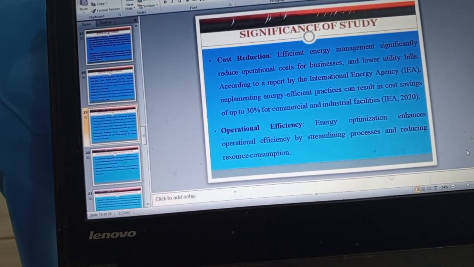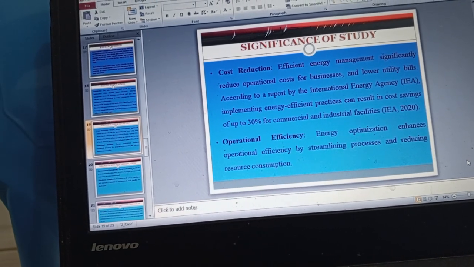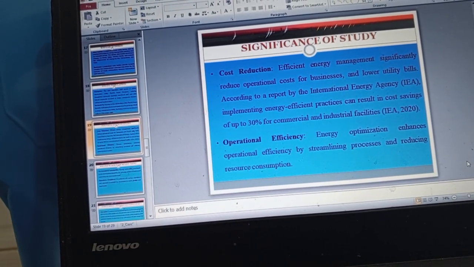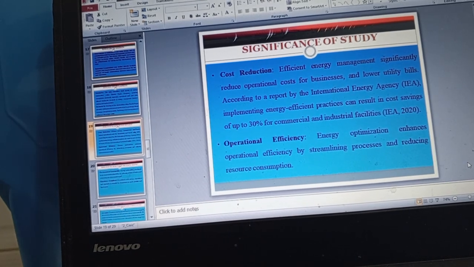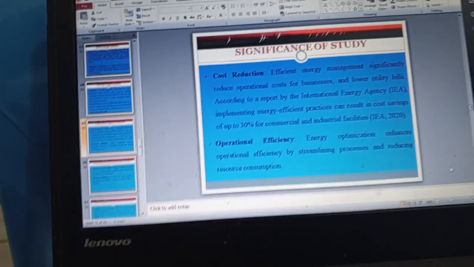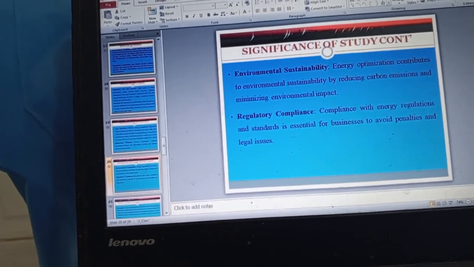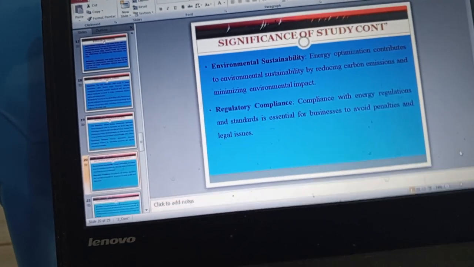Then the second one is operational efficiency. Energy optimization enhances operational efficiency by streamlining processes and reducing resource consumption. Then the other one is environmental sustainability.